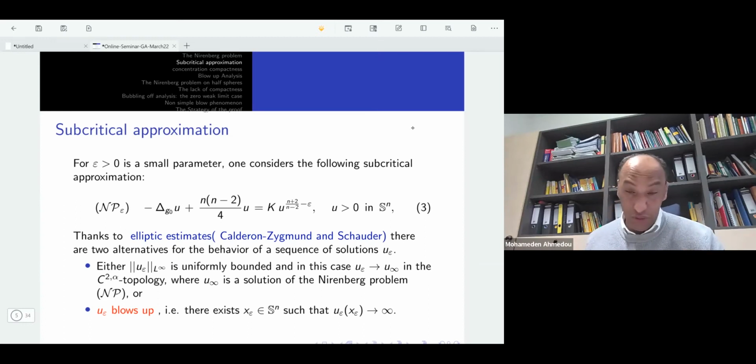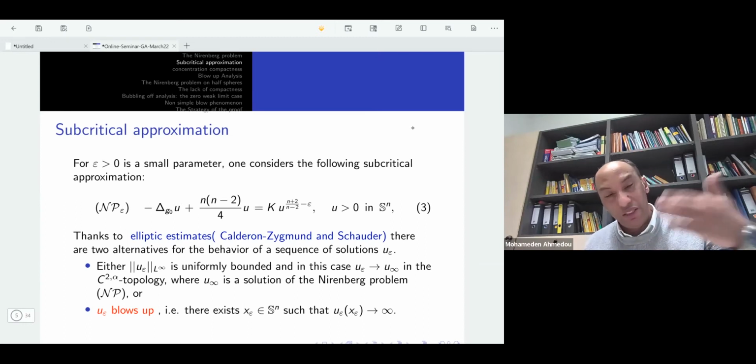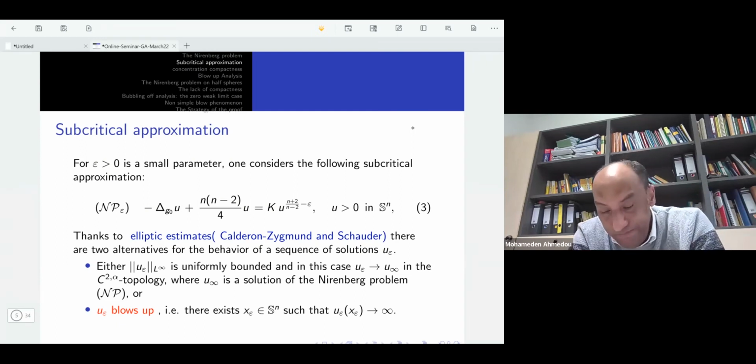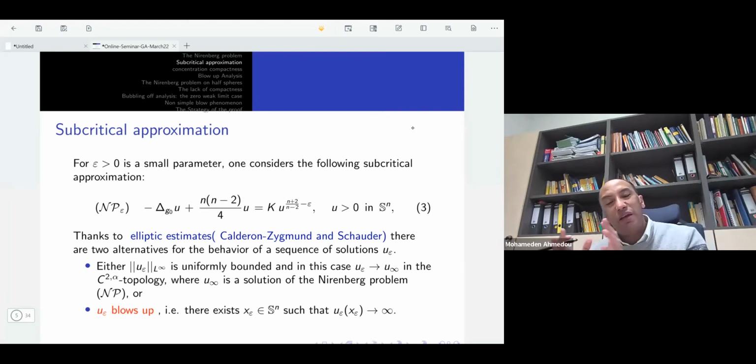Then you recover compactness and you can prove existence of solutions. The second step is to let epsilon go to 0. Is it possible to recover a solution of my original problem?